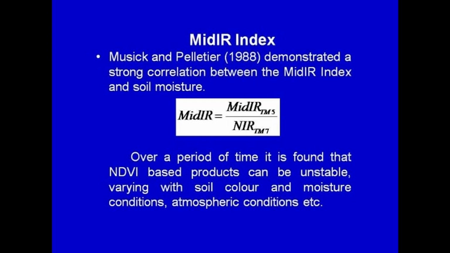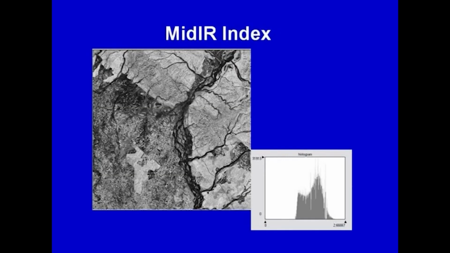Over the period of time, it was found that NDVI based products can be unstable with varying soil color, soil moisture conditions and atmospheric conditions. The MIR index, as a matter of fact, tries to cater to these anomalies which may exist.